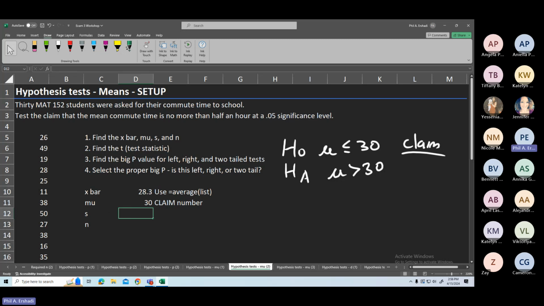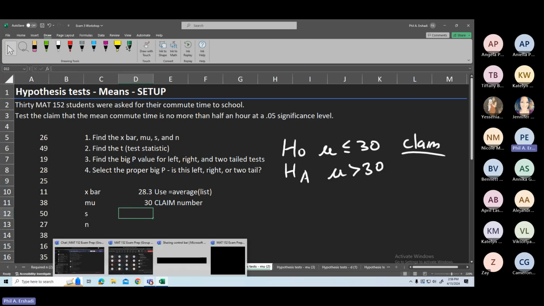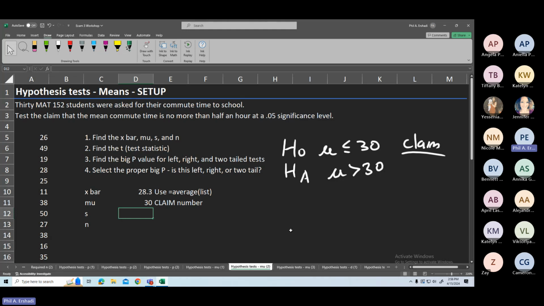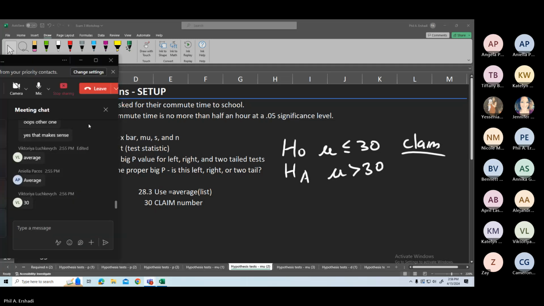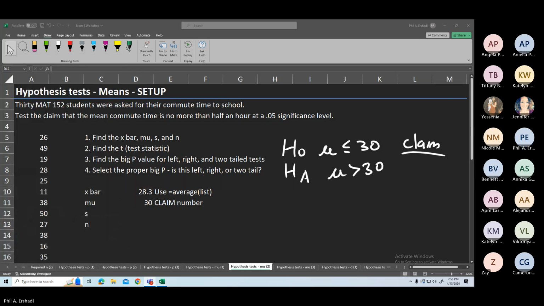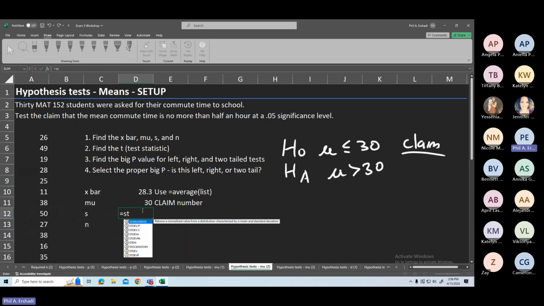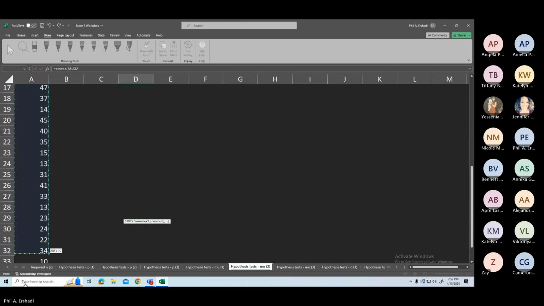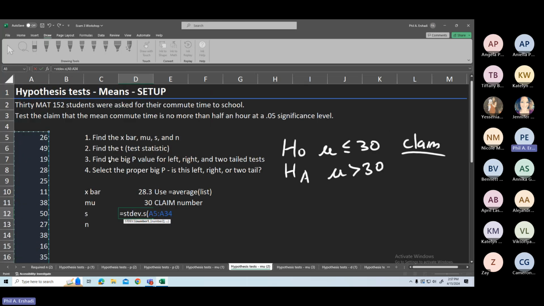Now the s. What formula do I use to find the standard deviation? What do you think? STDEV.S. Very good. So STDEV.S of the list. There we are.